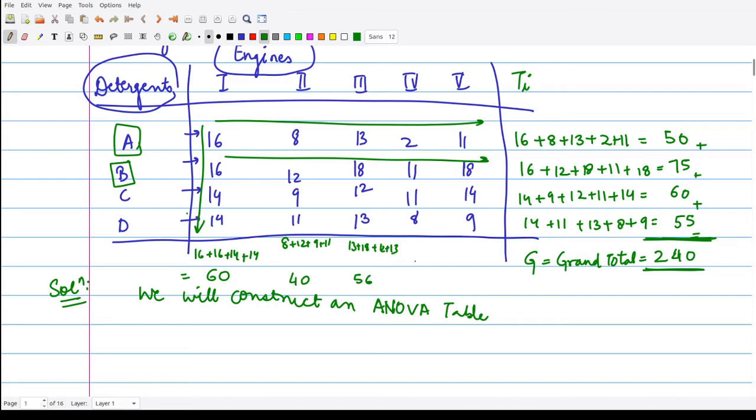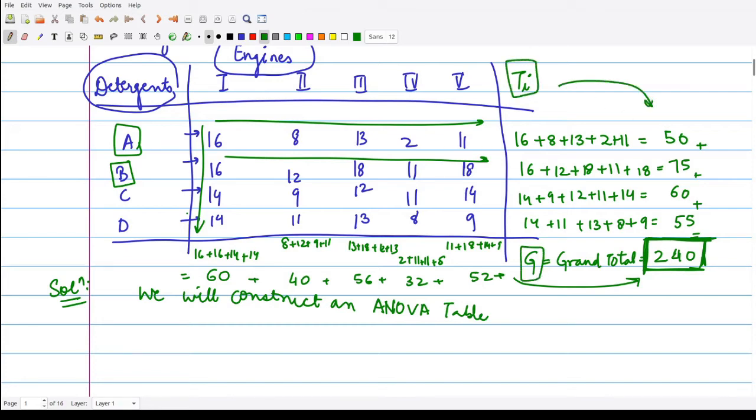Here it would be 2 plus 11 plus 11 plus 8, so it would be 32. And for the final column, we have 11 plus 18 plus 14 plus 9, that is equal to 52. When you add up 60 plus 40 plus 56 plus 32 plus 52, you will again get 240. So this number should be the same if you add up column wise or row wise, and this is known as G. So now we have Tis for detergents.